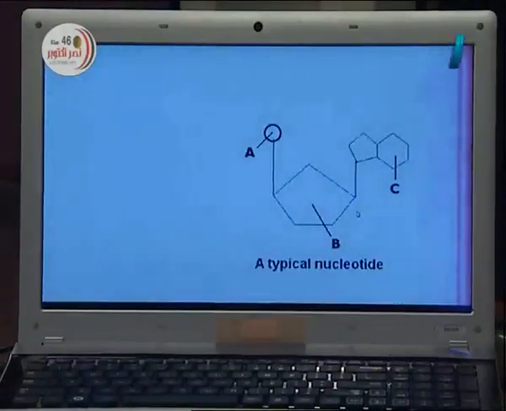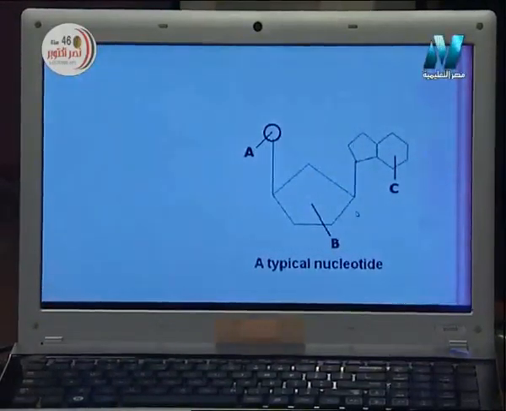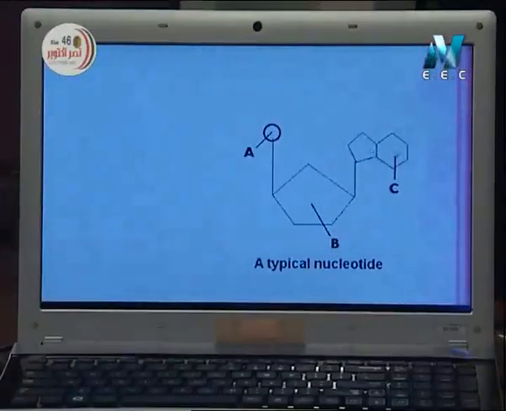In front of you is a diagram of a nucleotide. This is a typical nucleotide. Number A is the phosphate group, number B is the pentose sugar, and number C is the nitrogenous base. And this is carbon number 1, and this is carbon number 5.